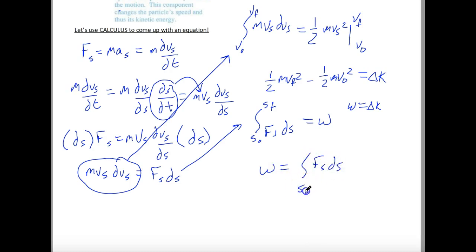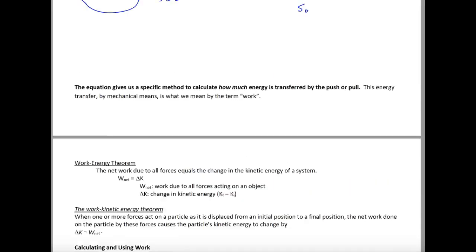And we're looking at that from any position to a final position. And that is the calculus equation for work. Let's kind of see how that works. Sorry, no pun intended. But let's move on down to the next page.